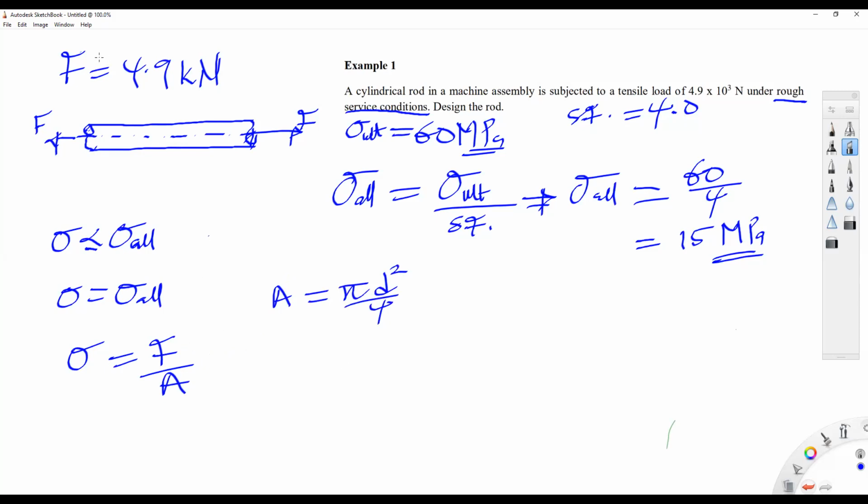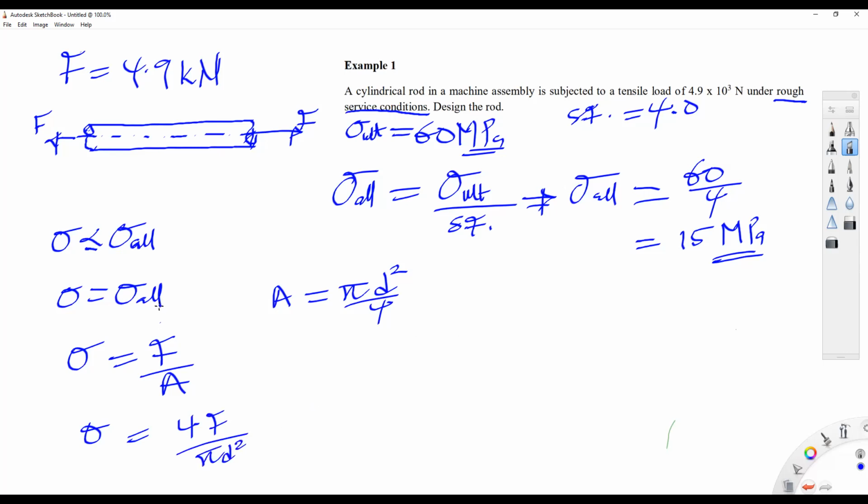We know F to be 4.9 kilonewtons. So if we put A here, sigma is equal to 4F divided by pi d square.